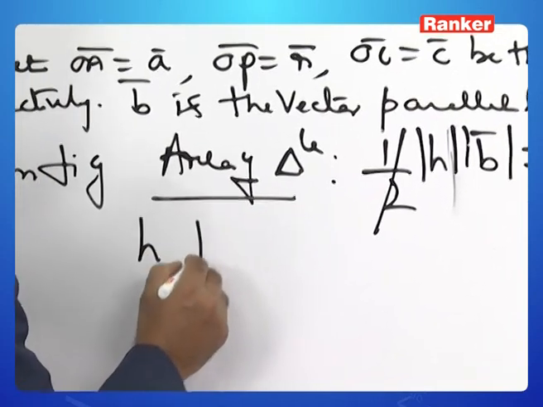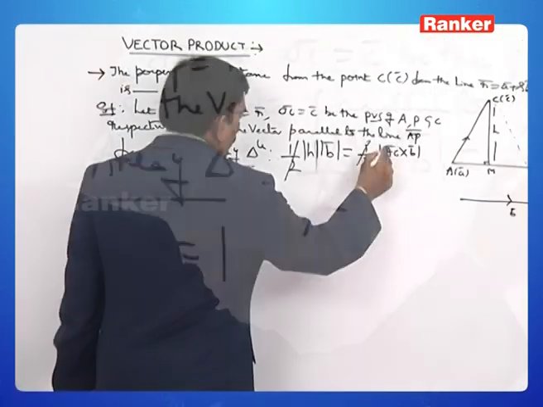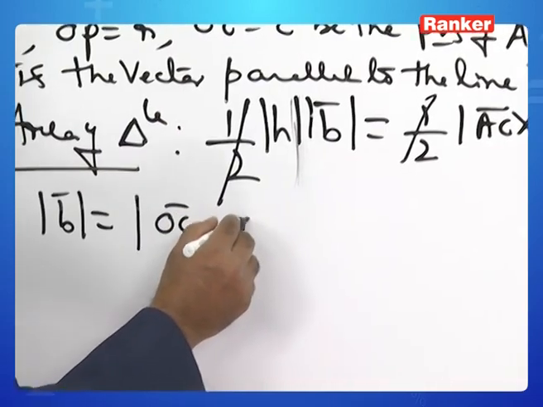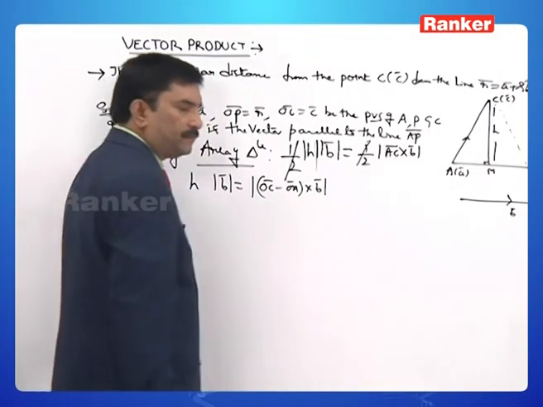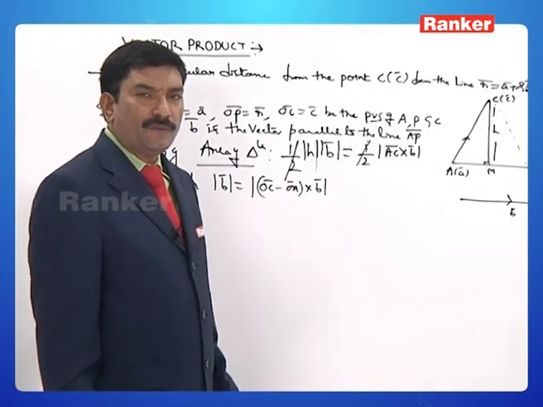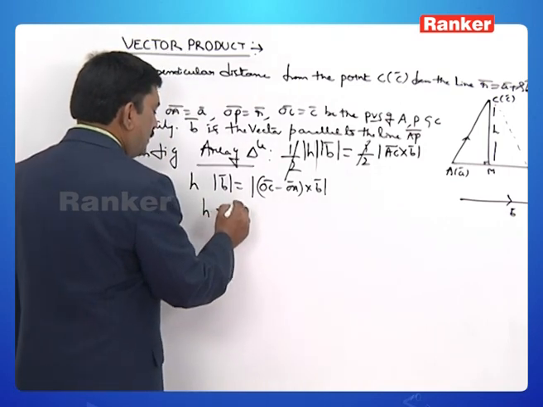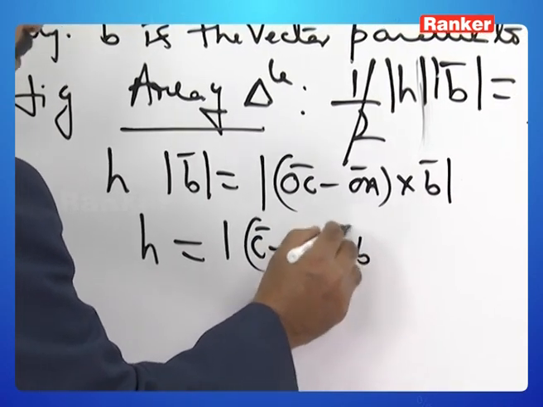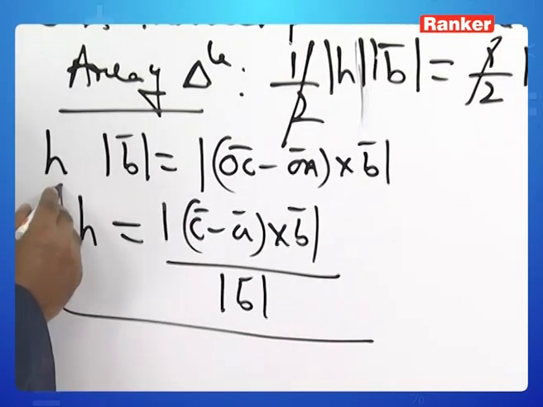So I can write H into modulus of B bar is equal to, the vector AC bar is not given, so I can write OC minus OA cross B bar. So H is equal to modulus of C bar minus A bar cross B bar, whole divided by modulus of B bar.